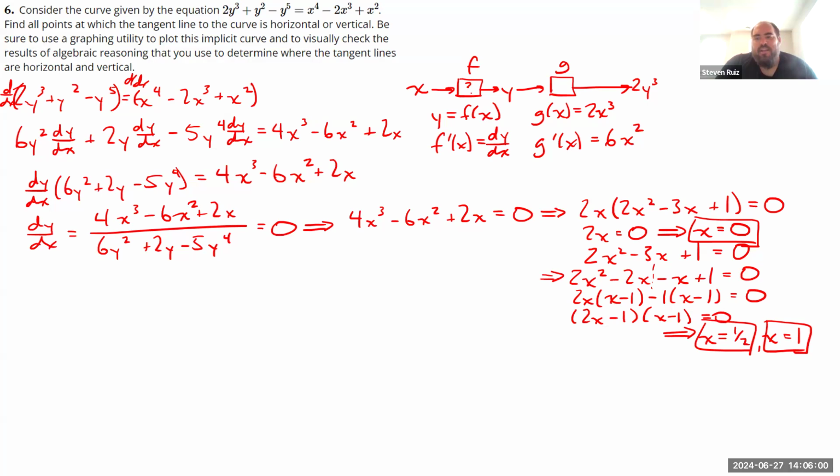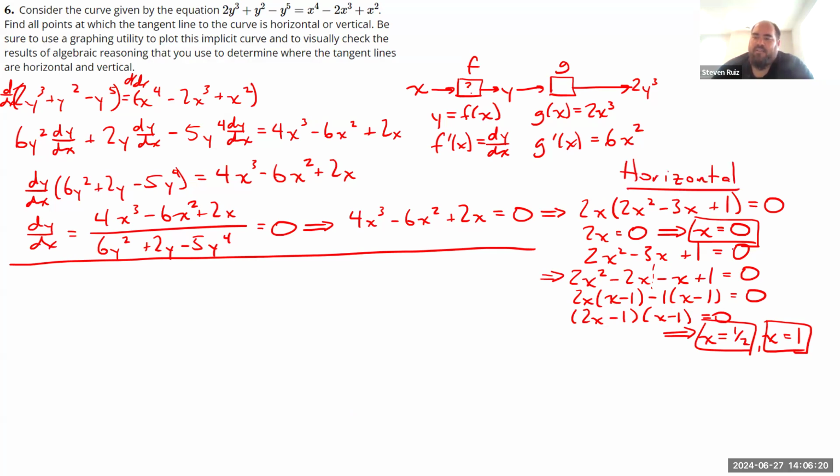But I have three x values where I believe there are horizontal tangent lines. So let me get a clean slide, or do I have enough room? Yeah, let's try to split this up here. So I believe I'll have horizontal tangent lines at these three x values: 0, 1/2, and 1.